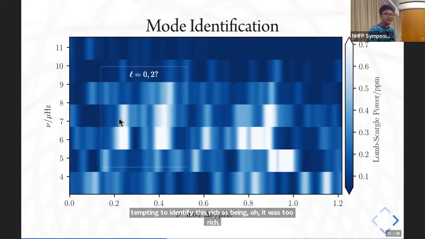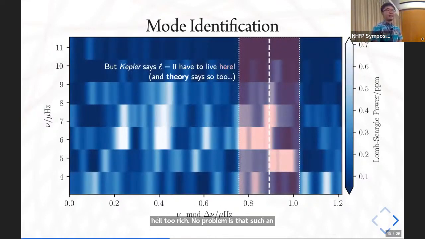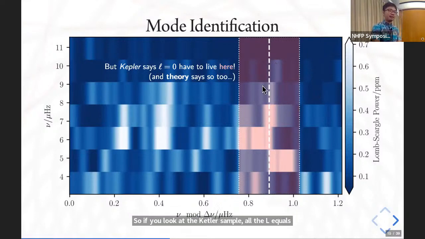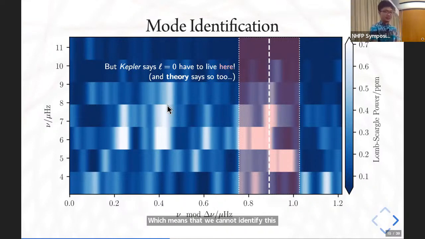The problem is that such an identification is inconsistent with every red giant we've seen with Kepler. So if you look at the Kepler sample, all the L=0 modes live here on the echelle diagram, right? Which means that we cannot identify this double ridge as being comprised of L=0 and 2 modes.